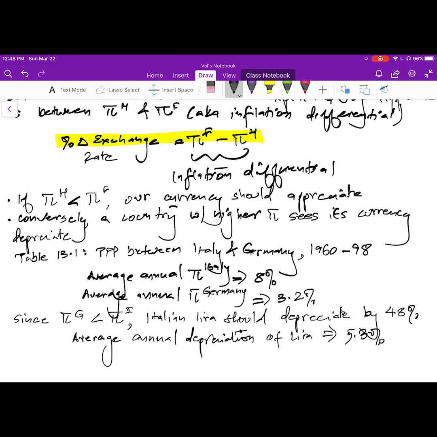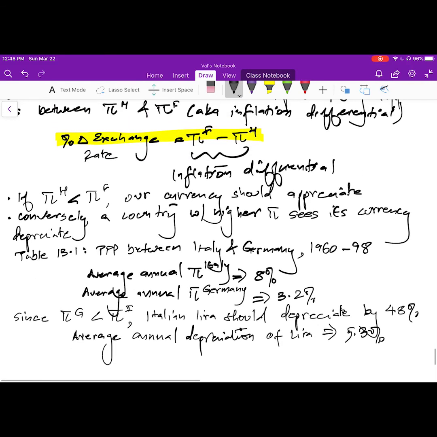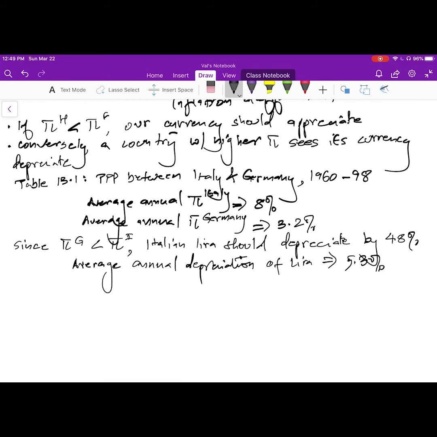So why could that be the case? The question is, if we believe that the percentage change in exchange rate is explained by differences in inflation rate, why did Italy actually experience a worse depreciation than the 4.8% we expect from our model? And the answer to that is pretty simple.